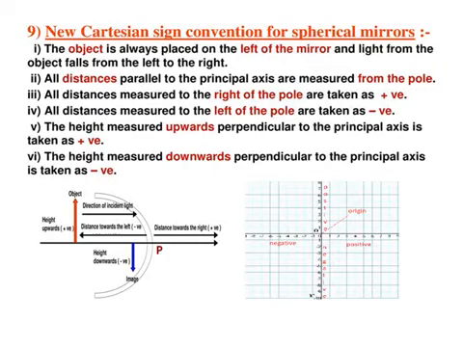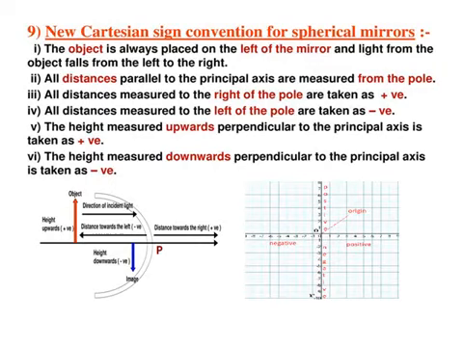Now read the slide. The object is always placed on the left of the mirror, and the light from the object falls from left to right, isn't it? Then all the distances parallel to the principal axis are measured from the pole. So all the distances are measured from the pole.